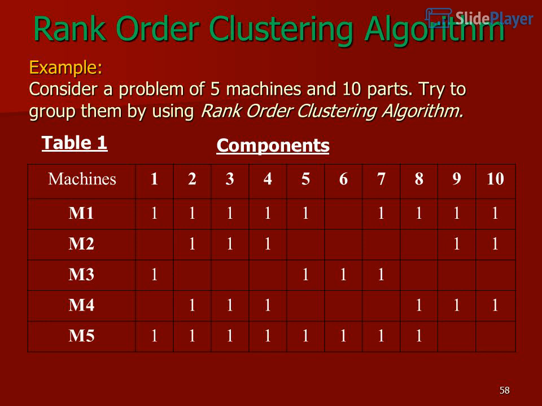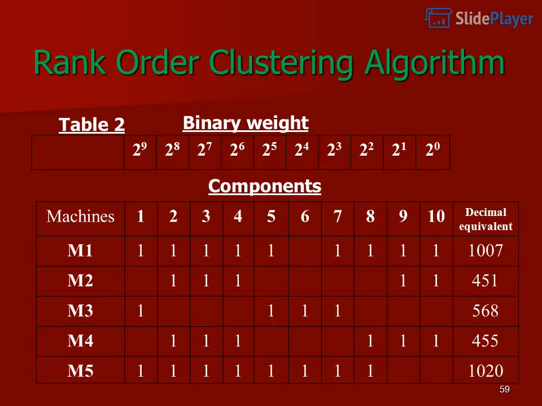Components 1 through 10, machines M1 through M5. Table 2. Binary weights 2^9 down to 2^0 for components 1 through 10.